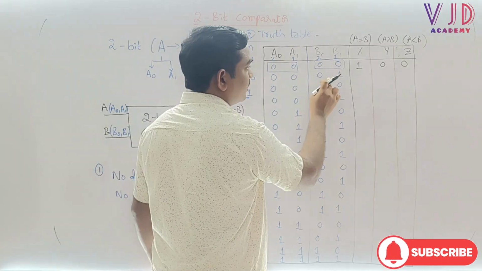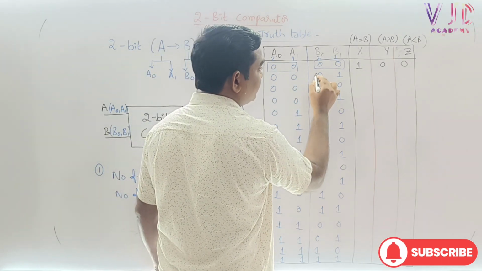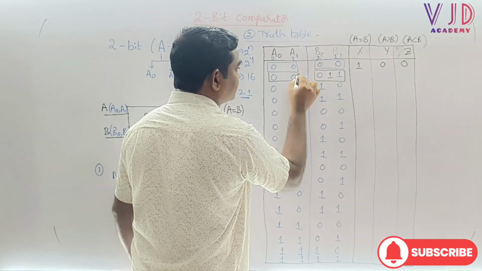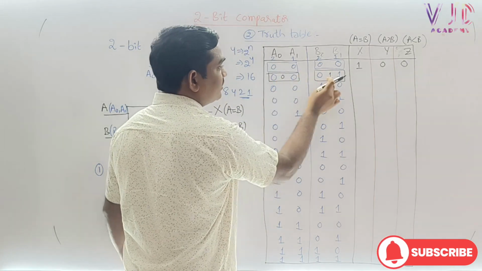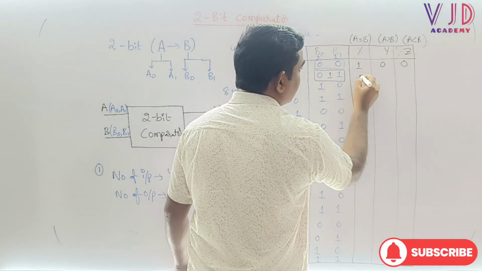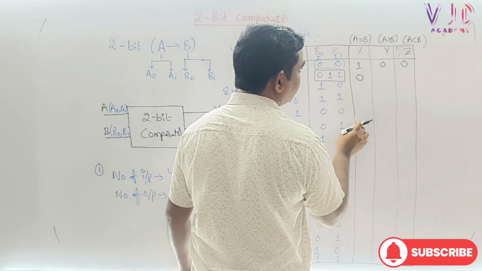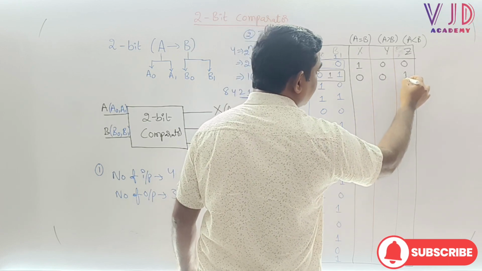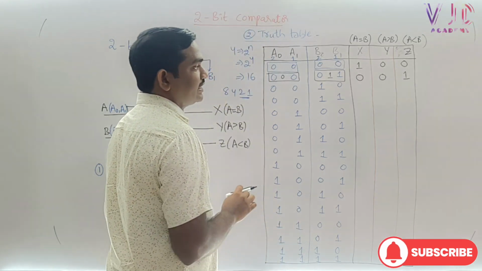Here B0, B1, combinedly this weightage is 1 and A's weightage is 0, so 0, 1 means B is greater. So A equal to B is 0, A greater than B is 0, and A less than B condition is 1.